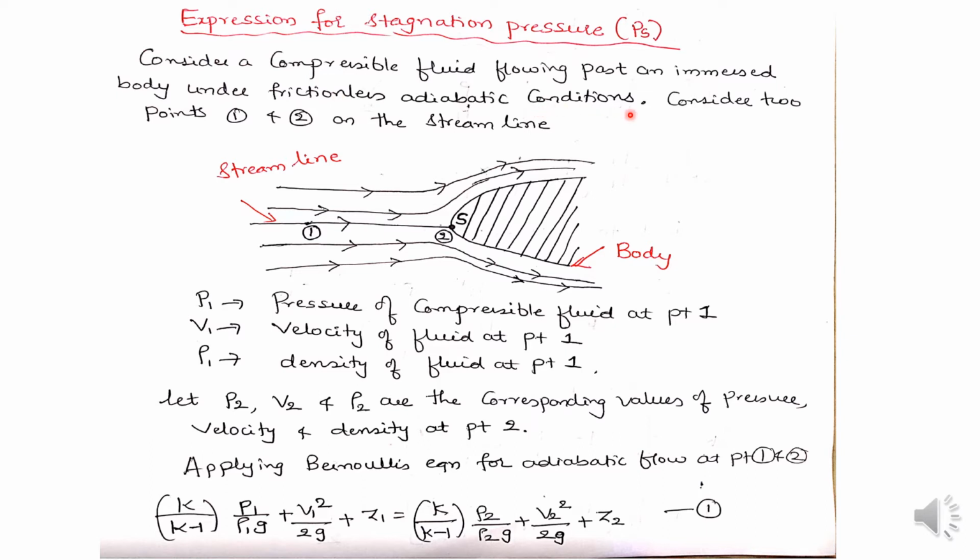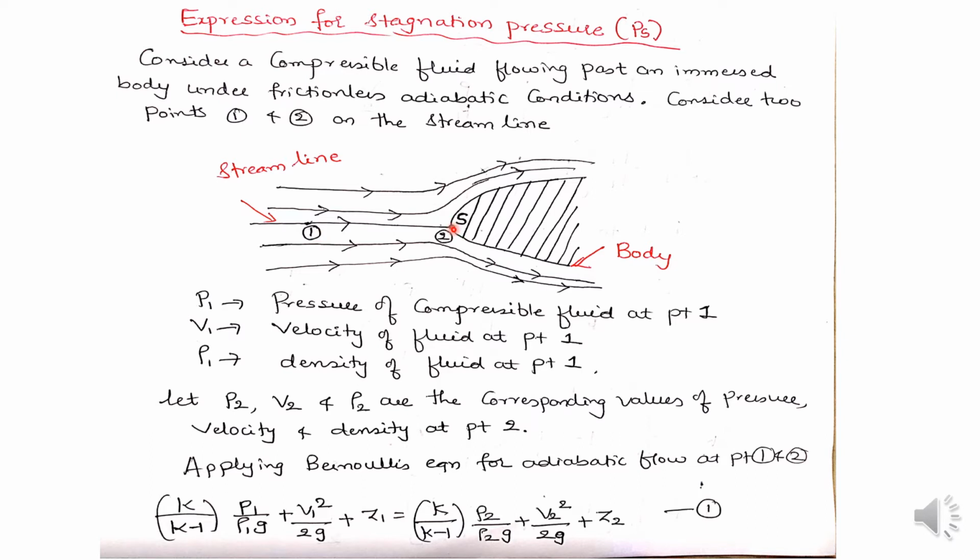Let P1 be the pressure of the compressible fluid at point 1, V1 the velocity of the fluid at point 1, and rho 1 the density of the fluid at point 1. Similarly, let P2, V2 and rho 2 be the pressure, velocity and density of the fluid at point 2.